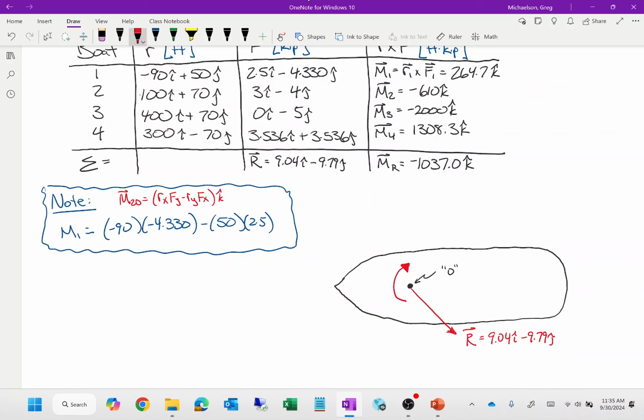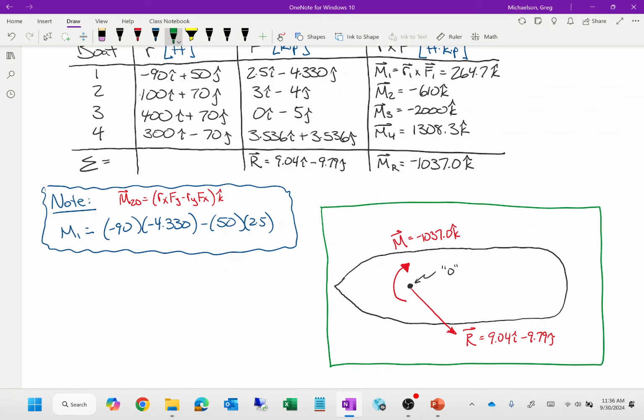And this is one of my answers, but I'm going to call this system 2. And I propose that system 1 and system 2 are statically equivalent.